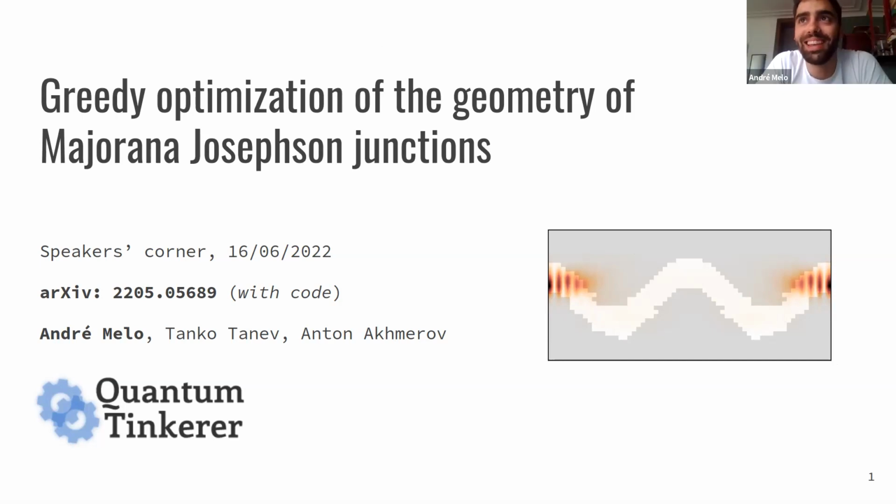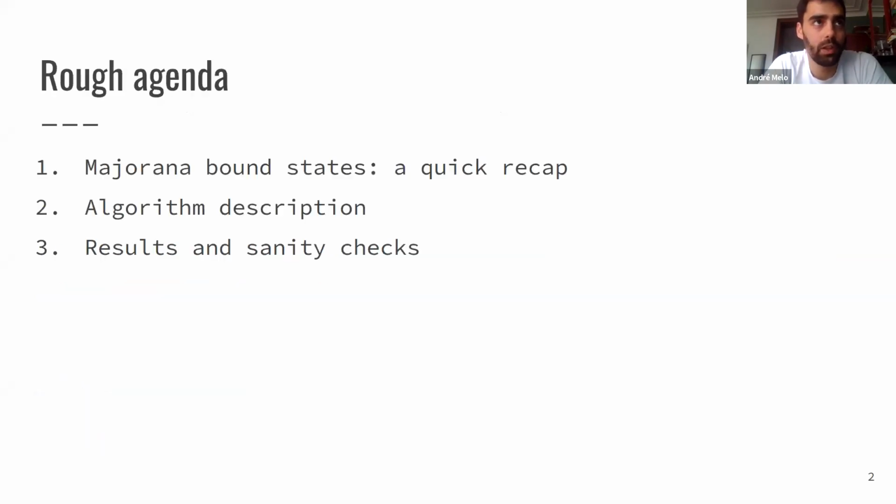So as I was saying, this is work that I did together with Tanko and with Anton Akhmerov, who is one of the PIs in our group. I want to start by giving you a rough agenda of what I'm going to talk about. I'll start by recapping some basic concepts about Majorana bound states.